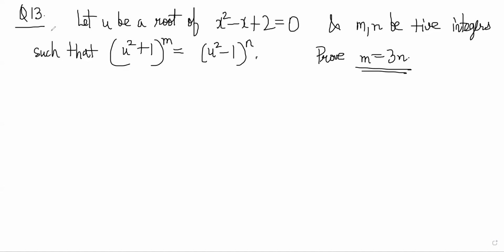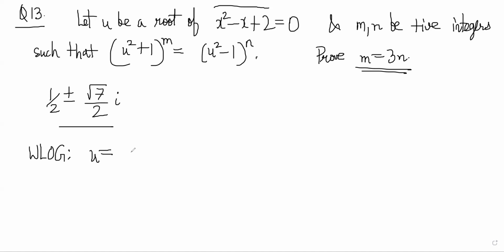Okay. So since u is a root of this equation, we can immediately find the roots of that equation. By quadratic formula, the roots are half plus minus root 7 by 2 i. These are the roots. So without loss of generality, we can take u as the positive root, half plus root 7 by 2 i. Now, u is a root, so we have u square minus u plus 2 is 0.